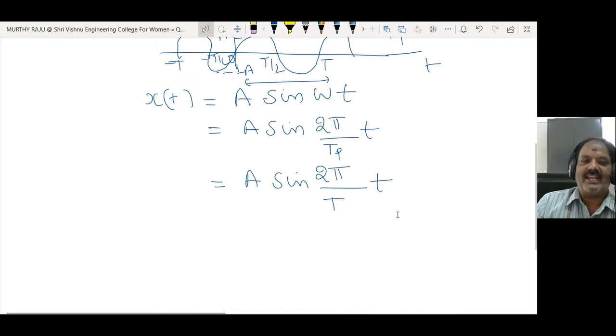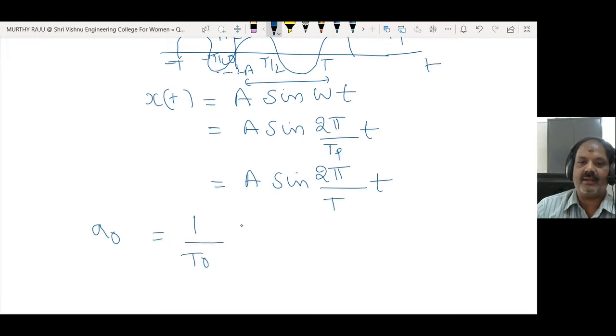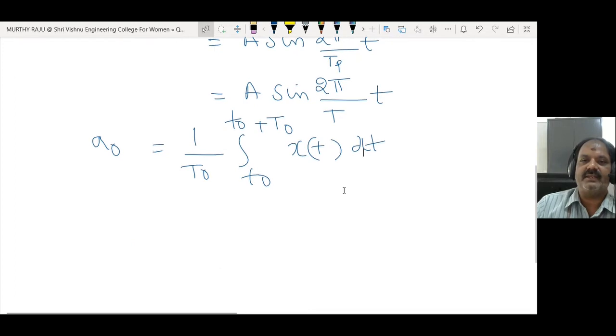Now calculate the Fourier series expansion coefficients. A naught is equal to 1 by T naught, integral from small t naught to small t naught plus capital T naught of x of t dt.